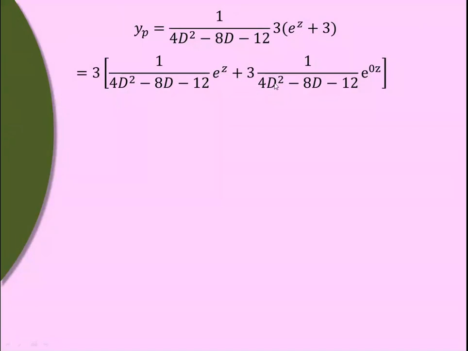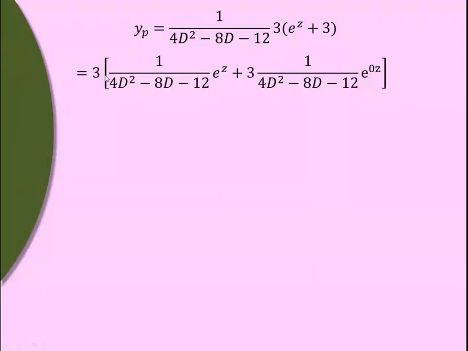Here we have to replace d with 0 if this term is non-zero. 4 into 0 square minus 8 into 0 minus 12. This term is also non-zero. So for replacement there is no problem. If it becomes 0, it becomes a case of failure. Then in that case, we have to take the derivative of the denominator until that derivative becomes non-zero.